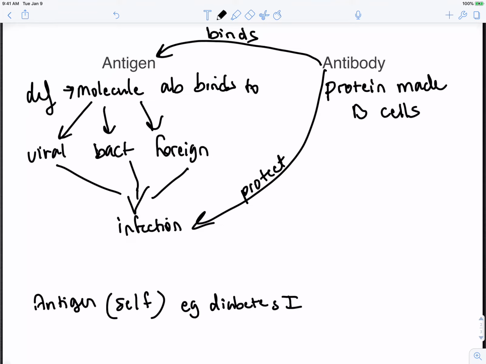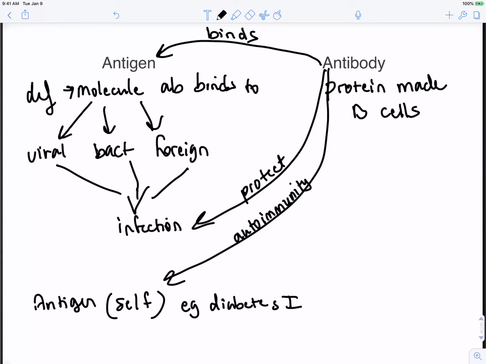Others are rheumatoid arthritis is a type of self-antigen, and in this case, the antibody is binding self, and this is autoimmunity. Okay, and so protection is, of course, what we want. Autoimmunity is what you don't want.